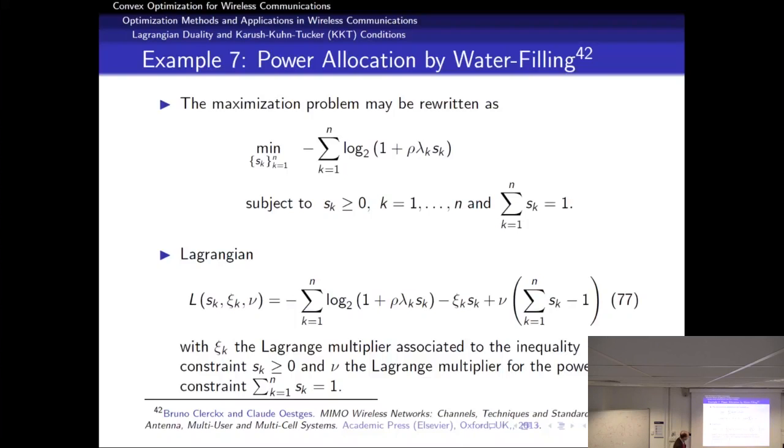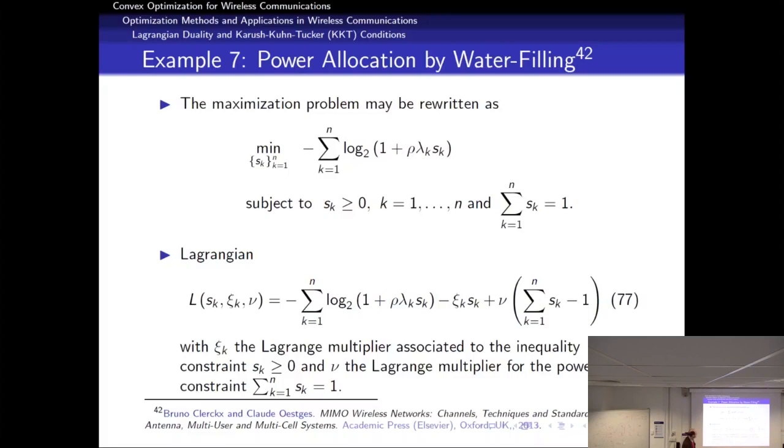So you can write your Lagrangian, which is the objective function, minus here you have an inequality constraint, right? So sk is larger than 0, or minus sk is smaller than 0. So I have minus sk multiplied by this lambda that I had before. And then I have an equality constraint here on the power, right?